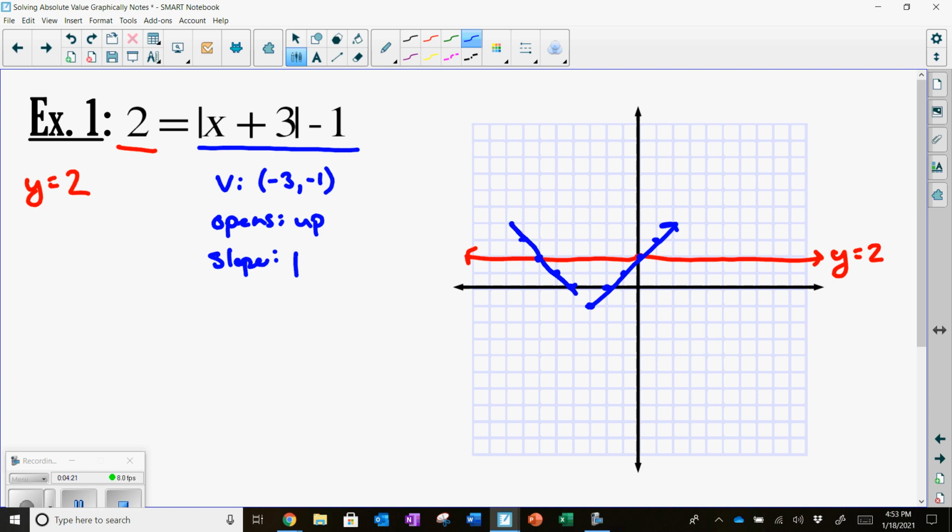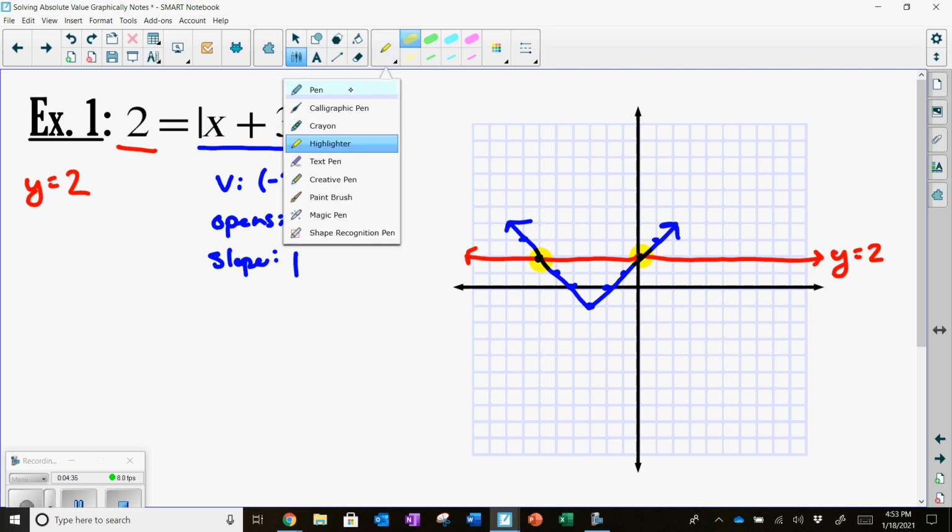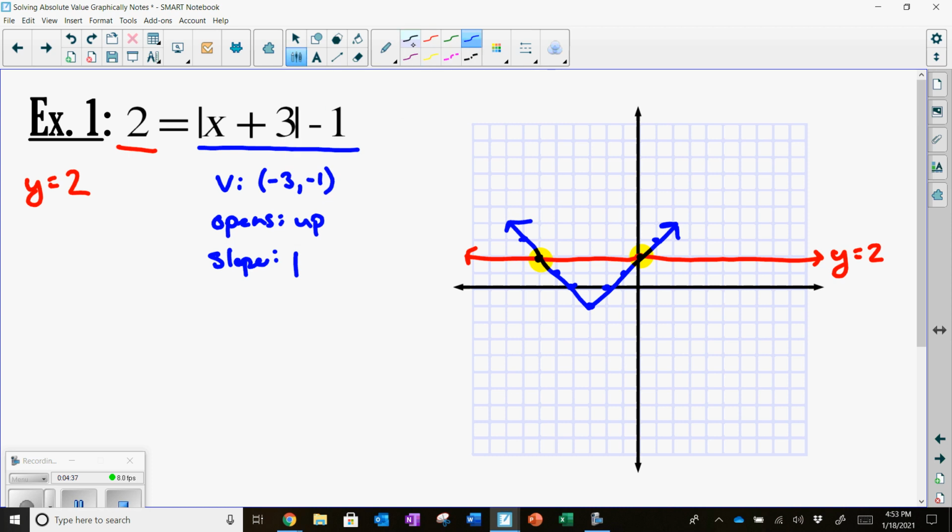Playing my super fun game called Connect the Dots, I identify my two solutions as the two points of intersection. I've got one right here and I've got one right there. So where are those points? Those points are my solutions. So x is going to be equal to, fancy squiggly brackets because it's going to be a list. And where is this point right here?